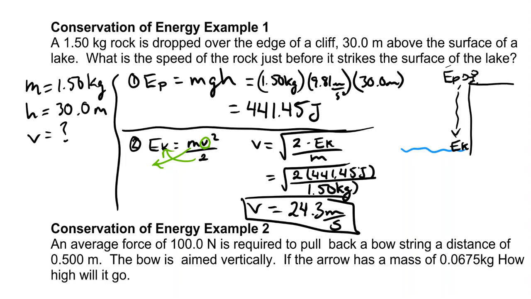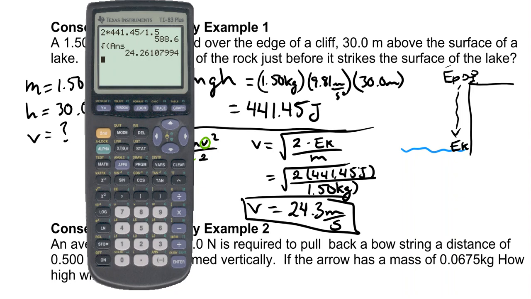So that was one way. You could have just done the whole calculation by itself: square root of 2 times 441.45 divided by 1.5, and that would have been fine.